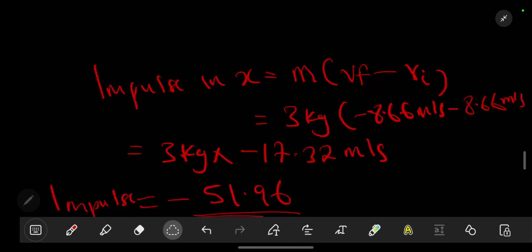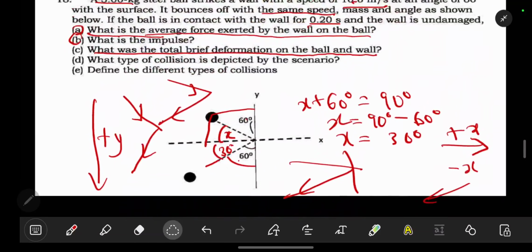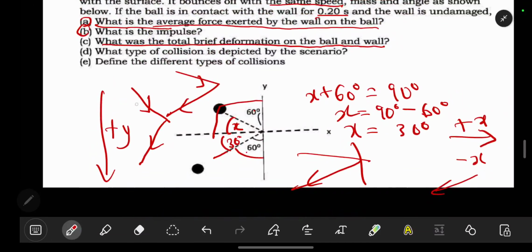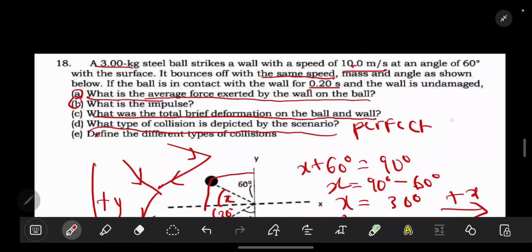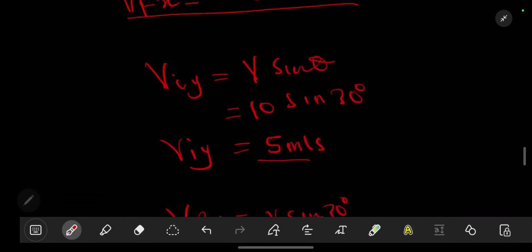Then for the next one, it was saying, what type of collision is depicted in this scenario? This is a perfect elastic collision. Why is that? Because remember, for a perfect elastic collision, the momentum is conserved.